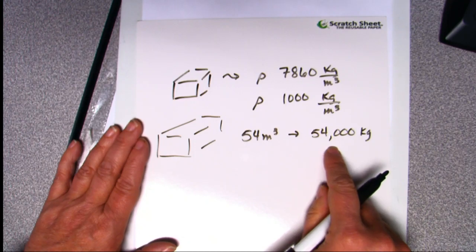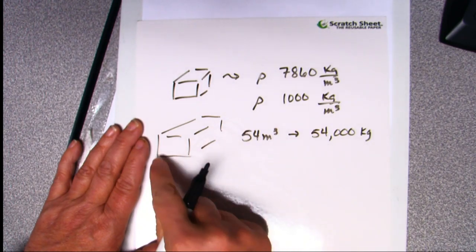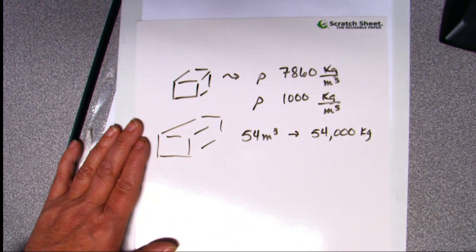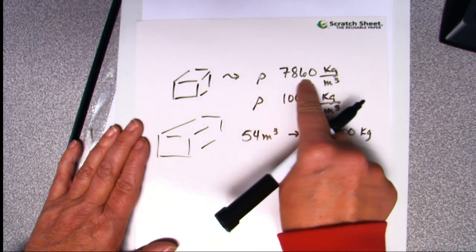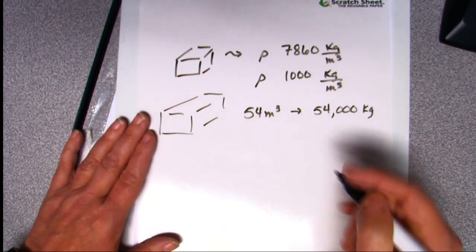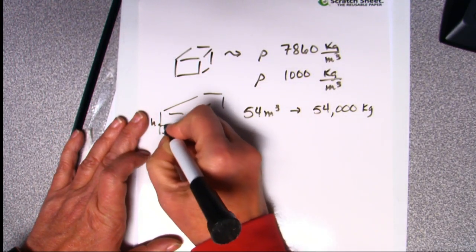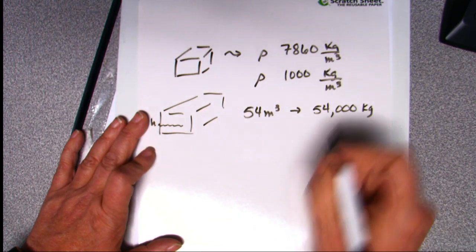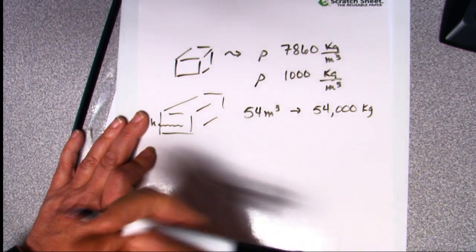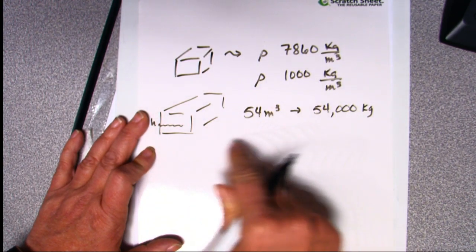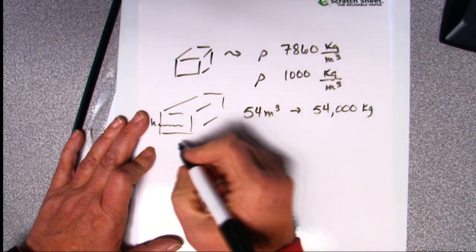Now the fun part is, using this, just how high above the water is it going to be? Because the mass of the water displaced needs to be 7,860. If I want to figure out the height of this side where the water level is going to be, I'm going to do the exact same thing I did with the iceberg. I'm going to figure out my area.